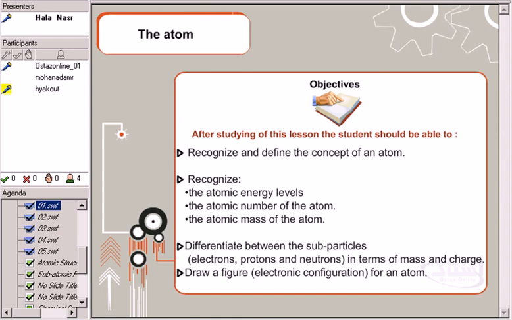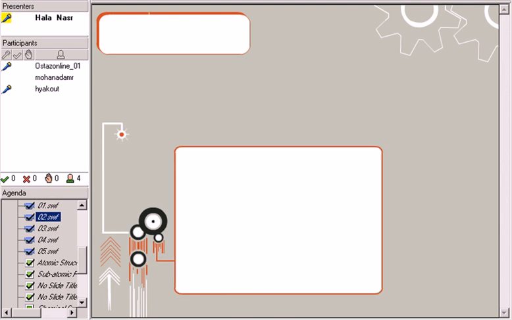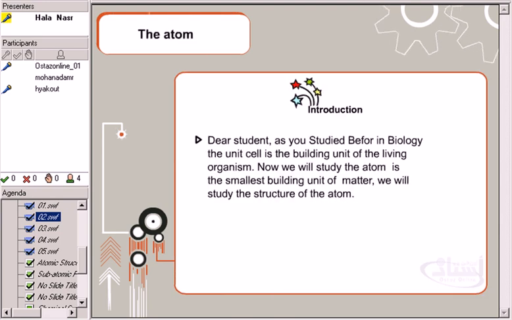Some dust and small particles. Very good. You'll find very small particles. These are the sand particles. Even each sand particle consists of smaller units, and this is what we call the atom. So let's move to the second slide.